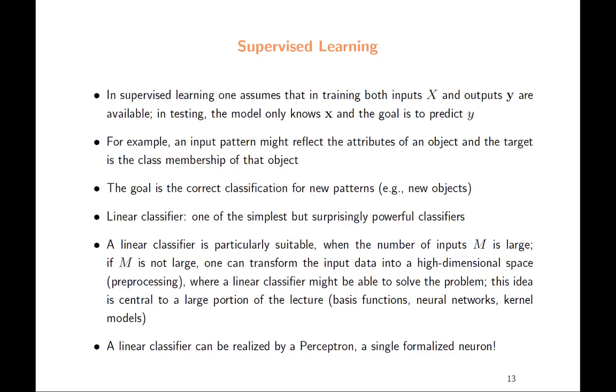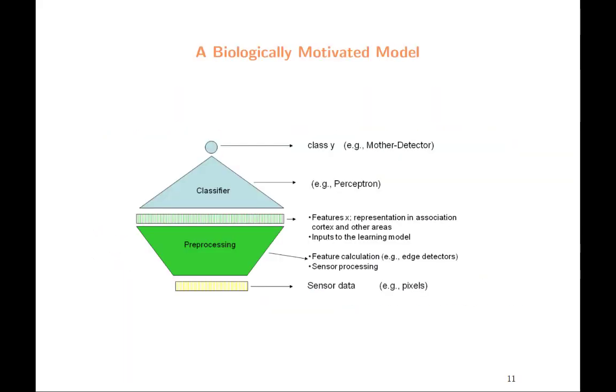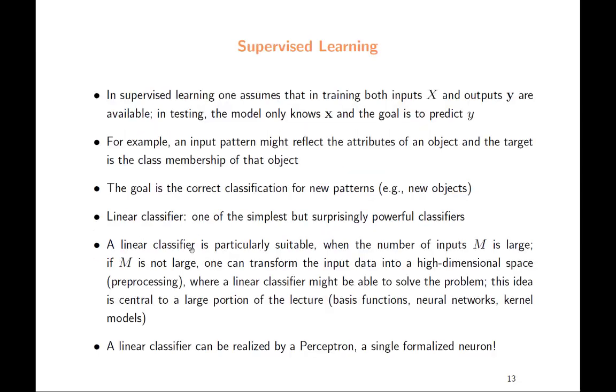This is central to a large portion of the lecture, for example, the lectures on basis functions, on neural networks, and on kernel models. And the linear classifier can be realized by a perceptron, a single formalized neuron. So if you look at this picture again, this is where the neuron, the perceptron, is happening, and this is where the preprocessing or the basis function selection is happening.